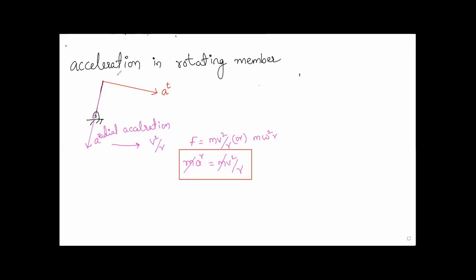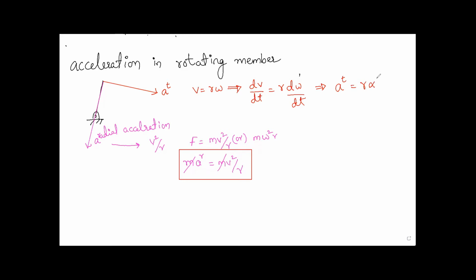Whenever a link is rotating, you have velocity perpendicular to the link, right? That velocity is v equal to r omega. Now rate of change of velocity is acceleration, so differentiate with respect to time. dv by dt is equal to r into d omega by dt. From this I can write dv by dt, which is the tangential acceleration, equal to r into d omega by dt, which is alpha, right?